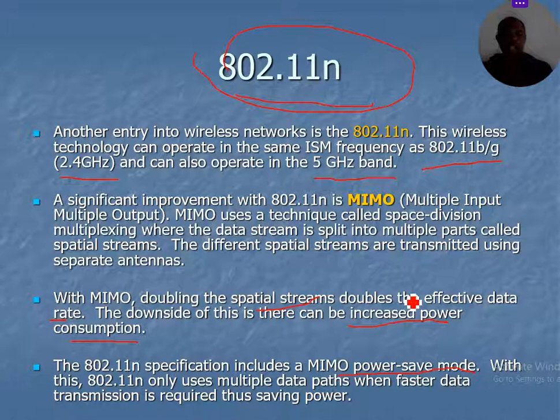The 802.11n only uses multiple data paths where faster data transmission is required. Therefore, this ensures that power is being saved.